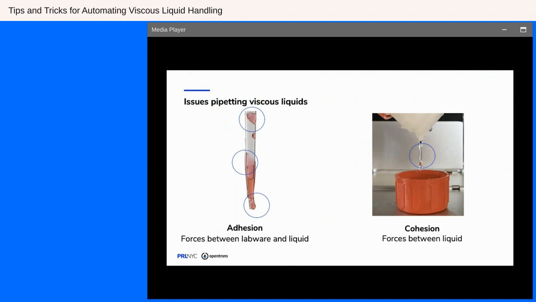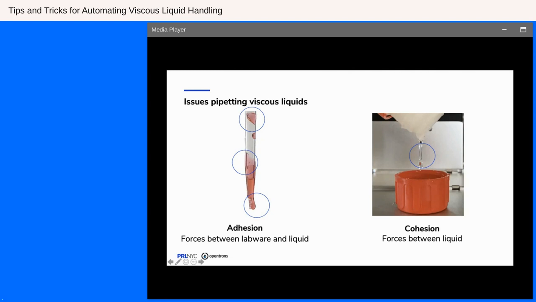The first one, on the left-hand side, is a picture of a tip with liquid, which is glycerol, dangling around the tip. On the top region, the liquid is present inside the tip, and somewhere around the meniscus the liquid is broken, and at the bottom, the liquid is dripping around the tip. These forces, where the liquid is adhering to the labware, are known as adhesion.